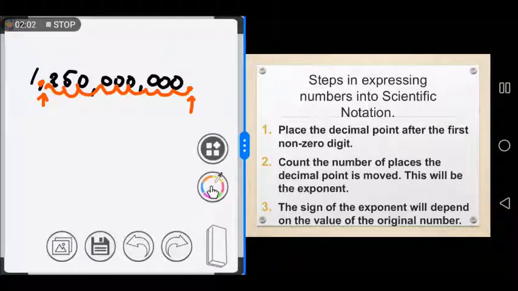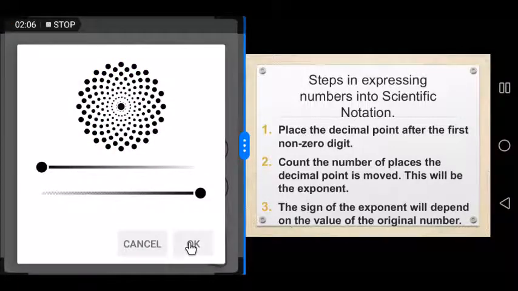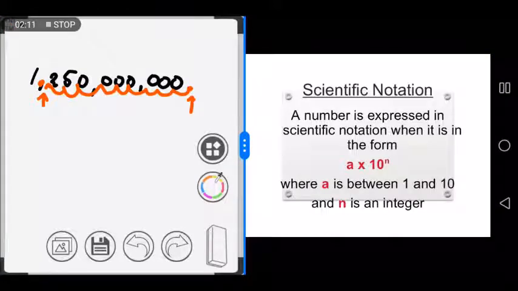So, kapag po nag-step na yung ating decimal point, dyan na natin malalaman yung A at 10 sa atin pong format. So, kung babalikan natin yung format, A times 10 raised to the nth power. Okay? So, dito, nung mag-move ang decimal point, malalaman na natin yung A at saka yung N. Yung A po is the number between 1 and 10.